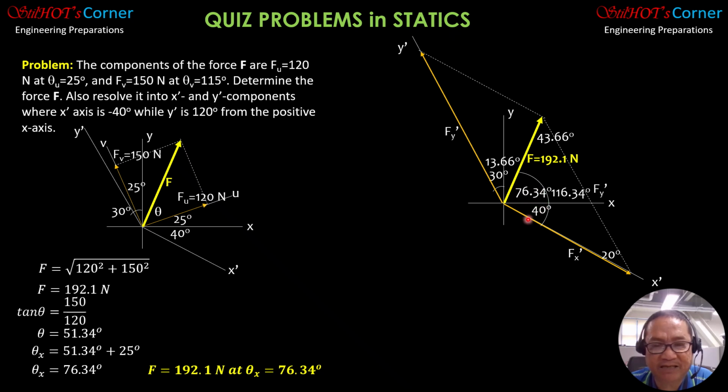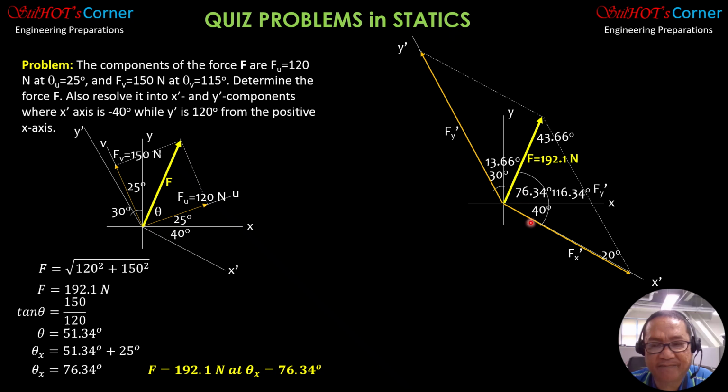Since this angle is 40 degrees, 40 plus 76.34, this total angle is equal to 116.34 degrees. So let's consider this triangle here.